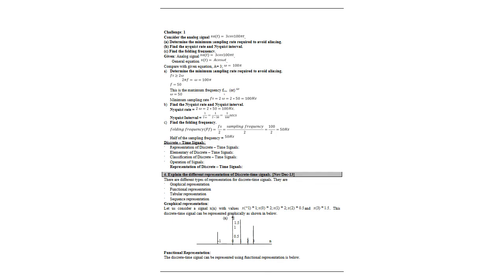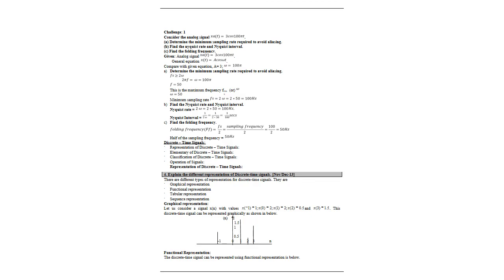So 2 pi f is equal to omega, that is equal to 100 pi. From this we find the frequency value, that is 50. This is the maximum frequency. So the minimum sampling rate will be fs is equal to 2 fmax, that is 2 into 50, that is 100 Hz.